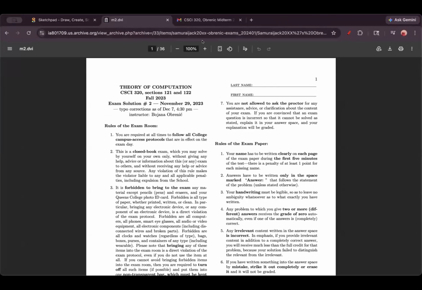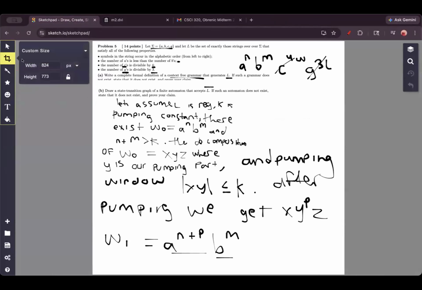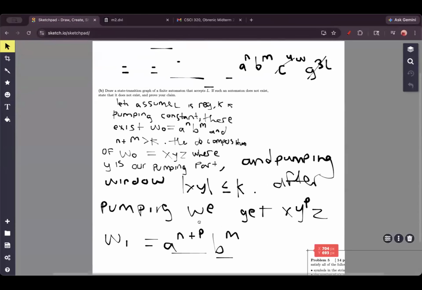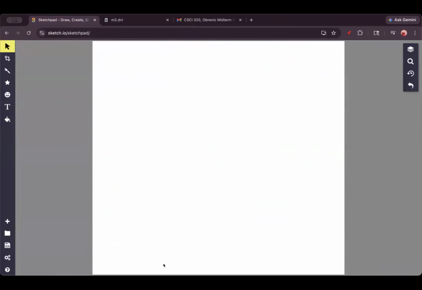Yeah. Okay. So, we're first gonna start off with the newer topic that Obrenic went over, which are Turing machines.